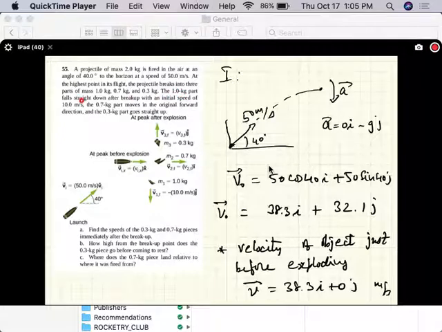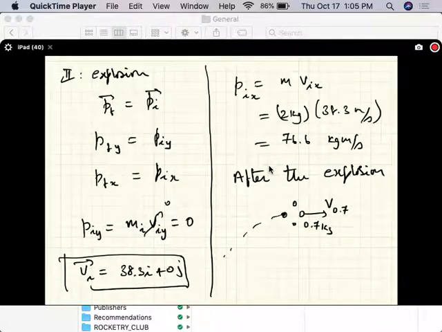The 1 kg falls straight down at 10 meters per second, and the 0.3 kg piece goes straight up.